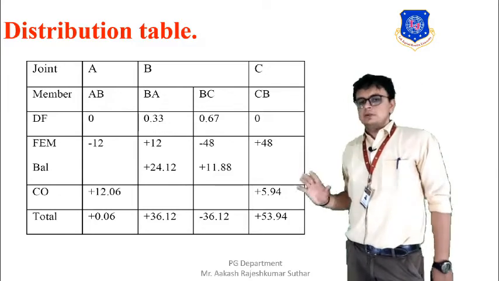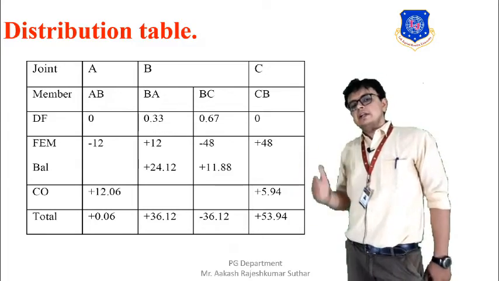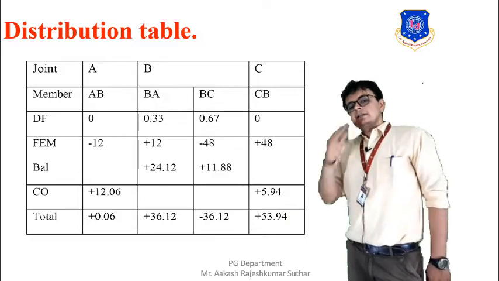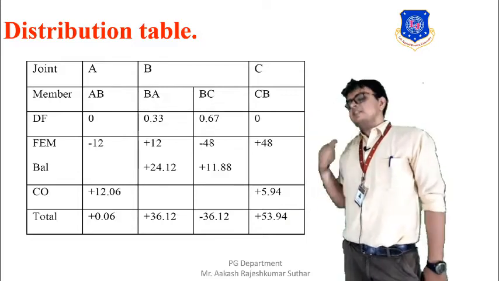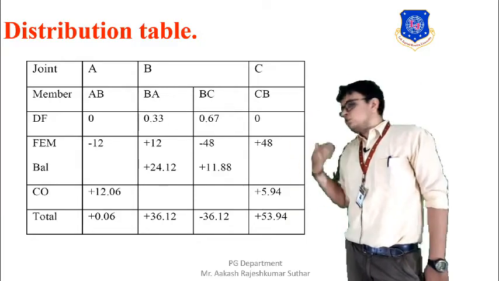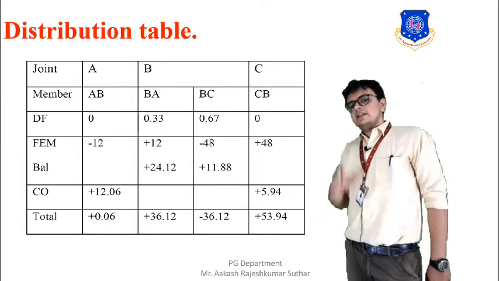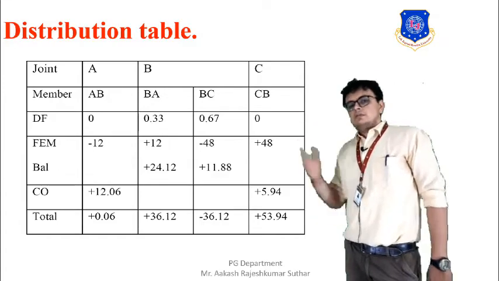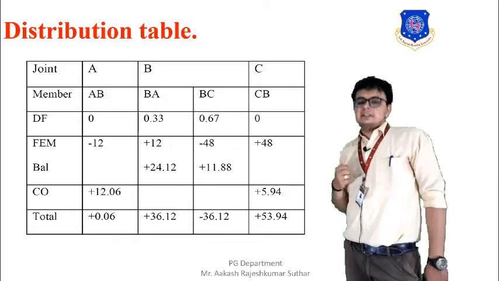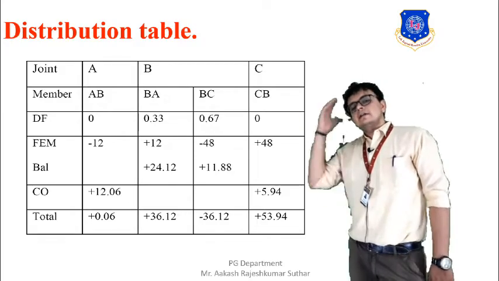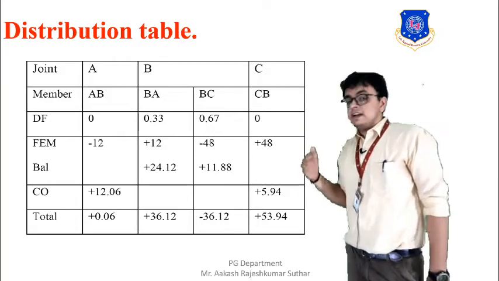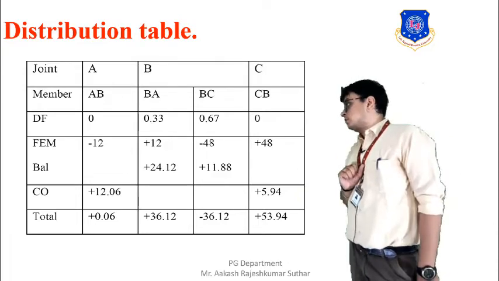So now it's over. Now we have to calculate all the moments, from the fixed end moment to balancing and to carryover. All the moments that we are getting, we have to add for all the members, and if we are finding a negative, subtraction will also take place.